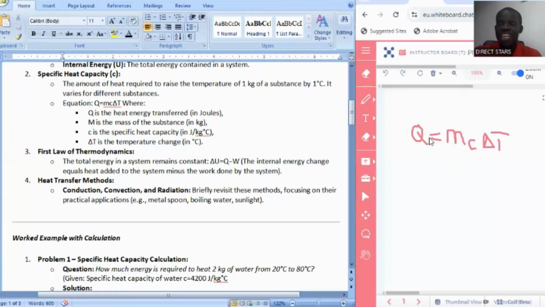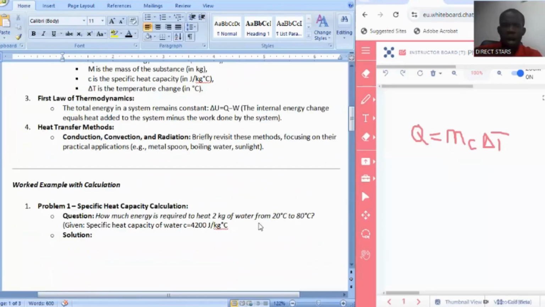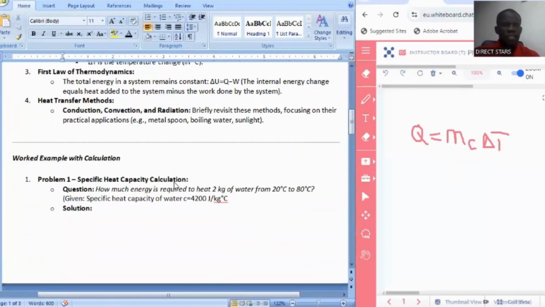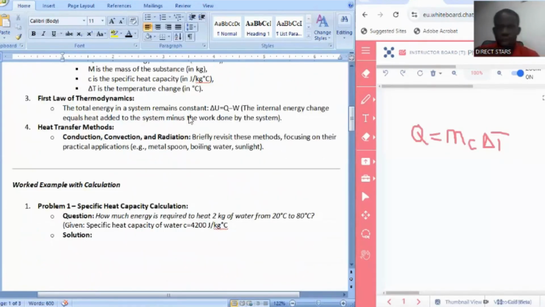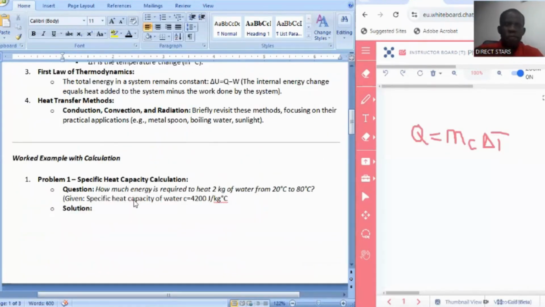I've told you that these represent the quantity of heat, mass, specific heat capacity, and the change in temperature. Having recapped this, we have the first problem we're going to solve, because if you look at the topic, we'll talk about calculations. So now, the first problem is on specific heat capacity calculation.